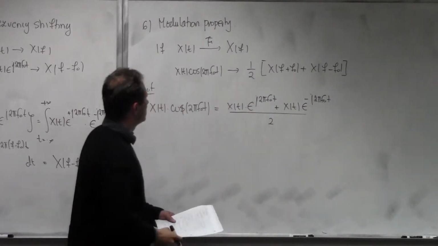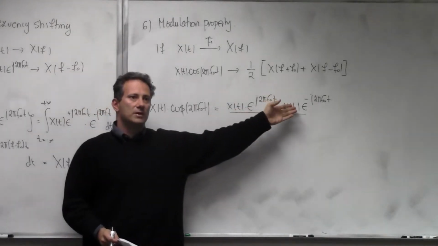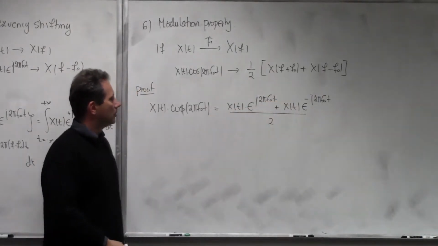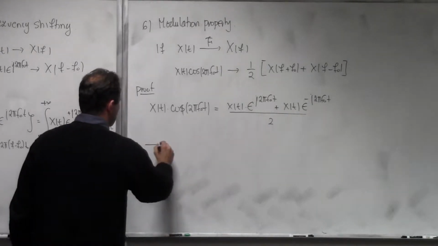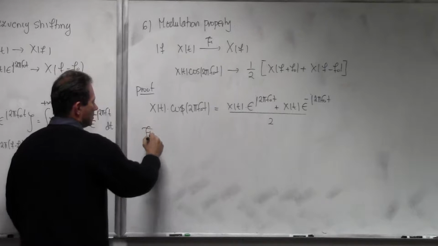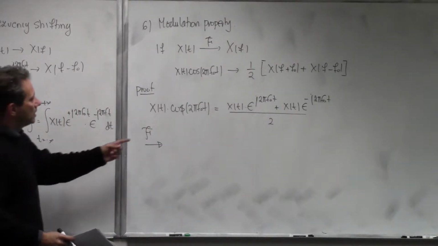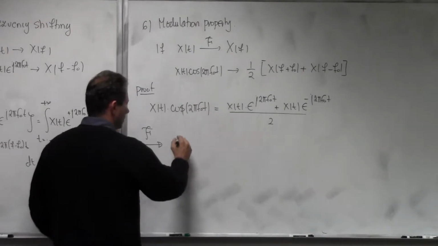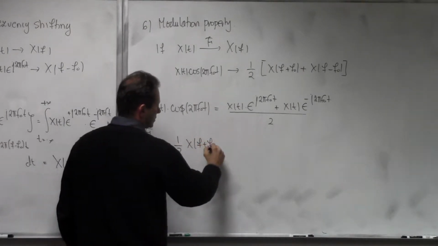How did I obtain this? Well, cosine is e to the j plus e to the minus j over 2, and I just brought x of t inside. Now, if I use the previous property, which is my frequency shifting property, I see that the first term is 1/2 x of f plus f0.